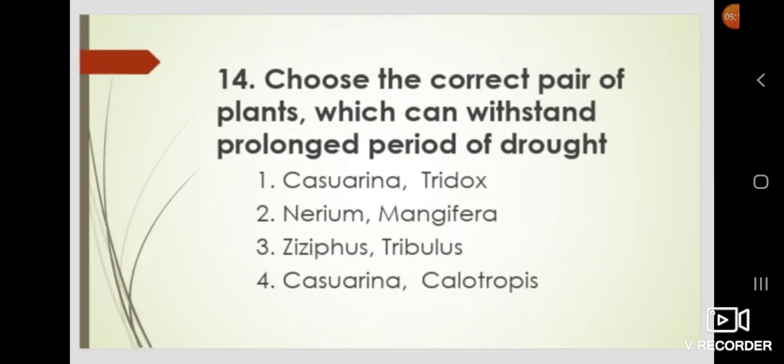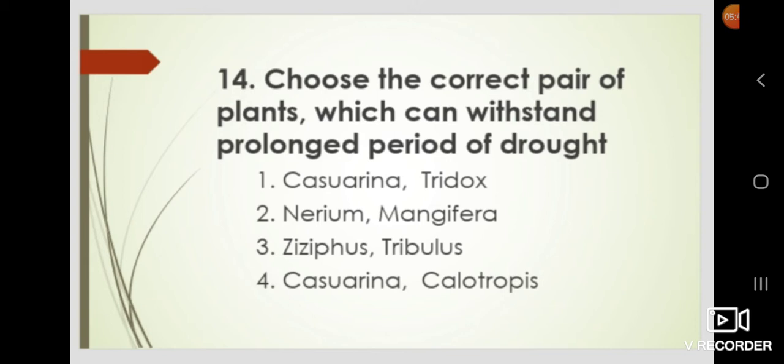Question number 14. Choose the correct pair of plants which can withstand prolonged period of drought. The right answer is fourth one, Casuarina and Calotropis.